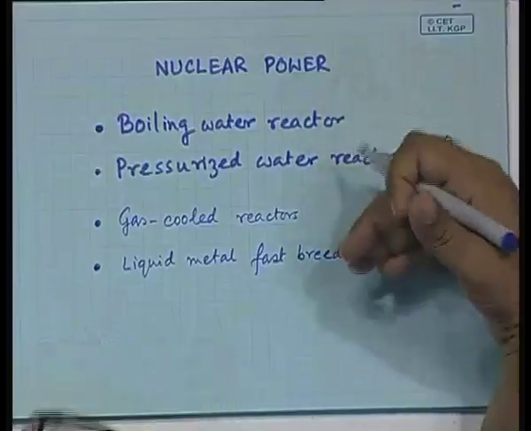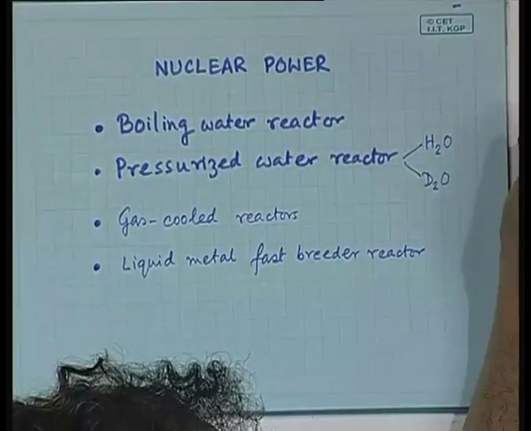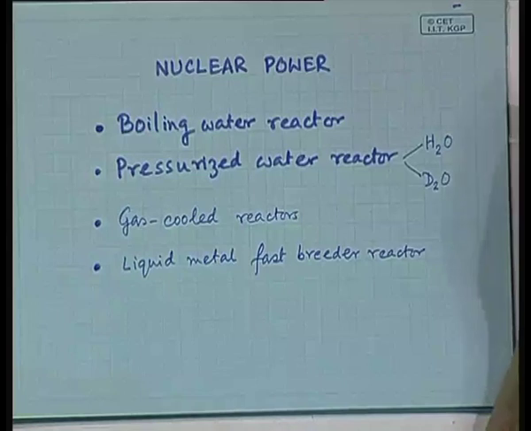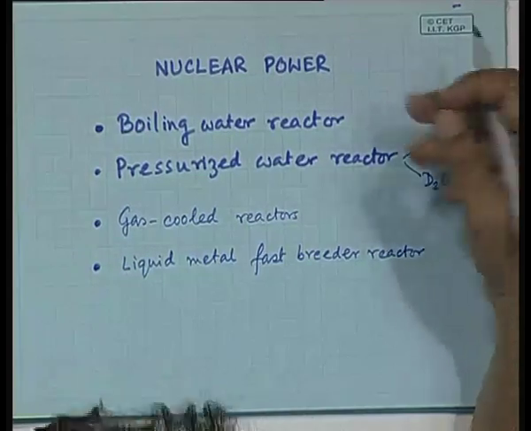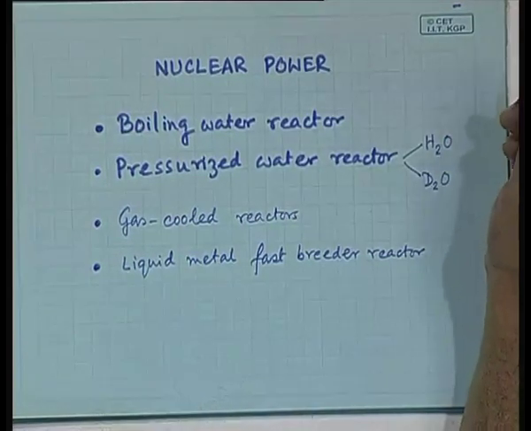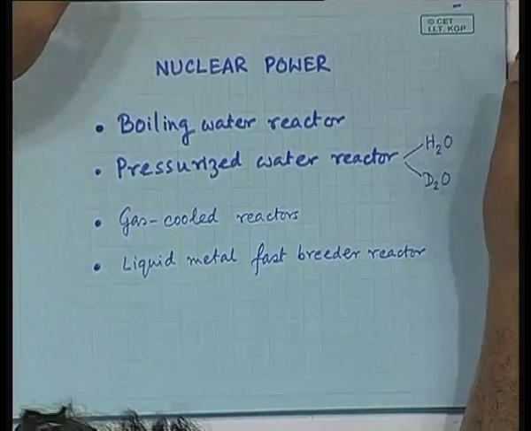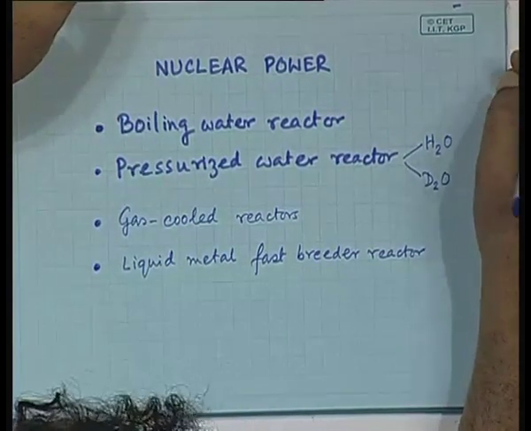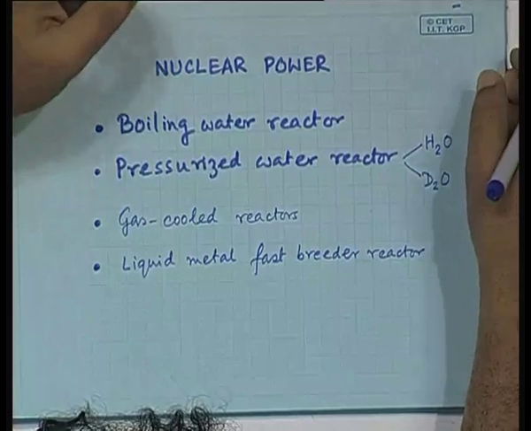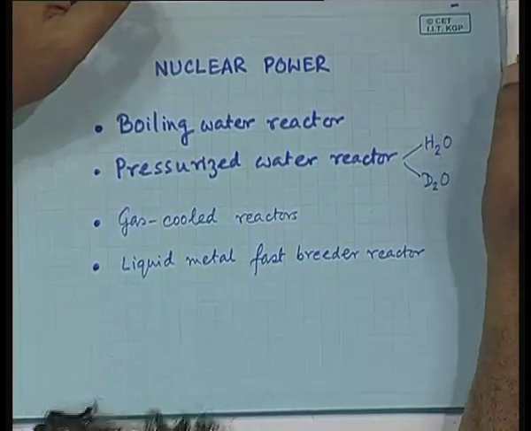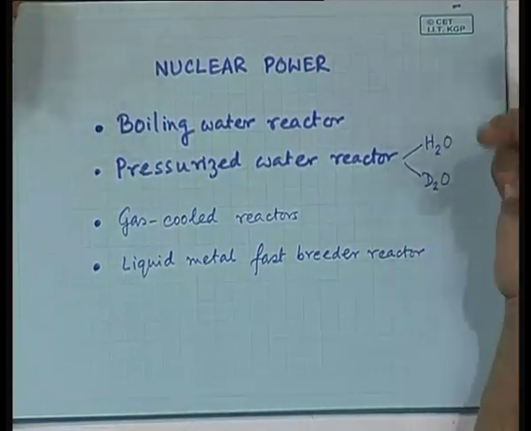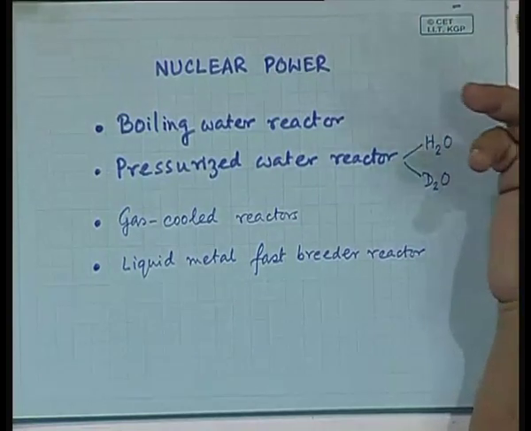So, we have different types of reactors, and in another day we will take up in detail the prime consideration these days, the safety consideration and the environmental problems, together with the environmental problems of coal, nuclear as well as hydroelectric power.